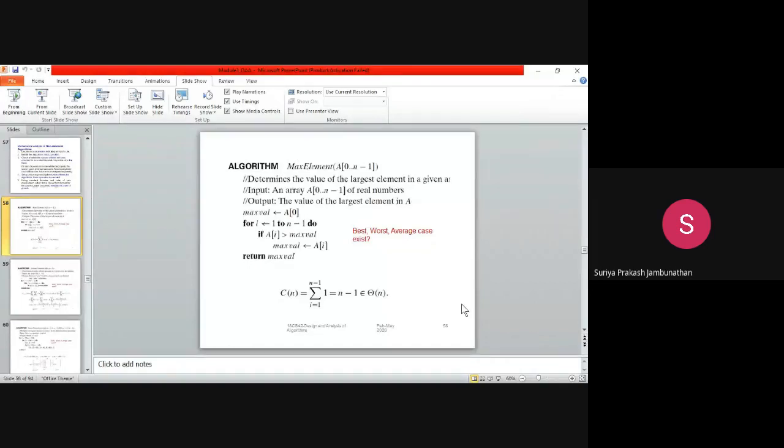Next, what is the purpose of writing this algorithm? The purpose is determining the value of the largest element in the given array. For that reason, we are writing this algorithm. Next, what is the input of this particular algorithm? The array must contain integers or real numbers.